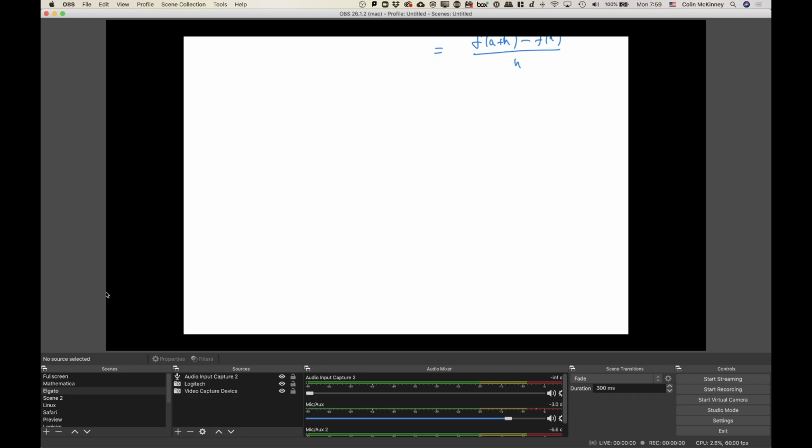Okay, so is this kind of weird exponential function? So I'm going to define a function.